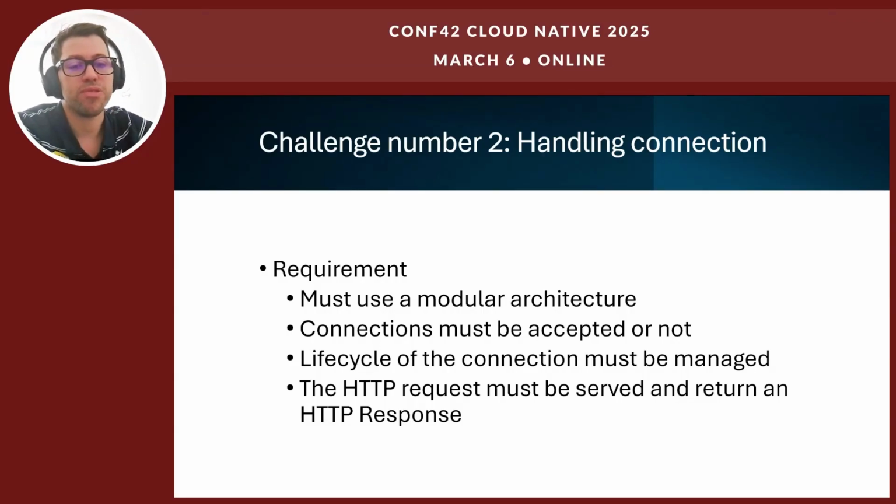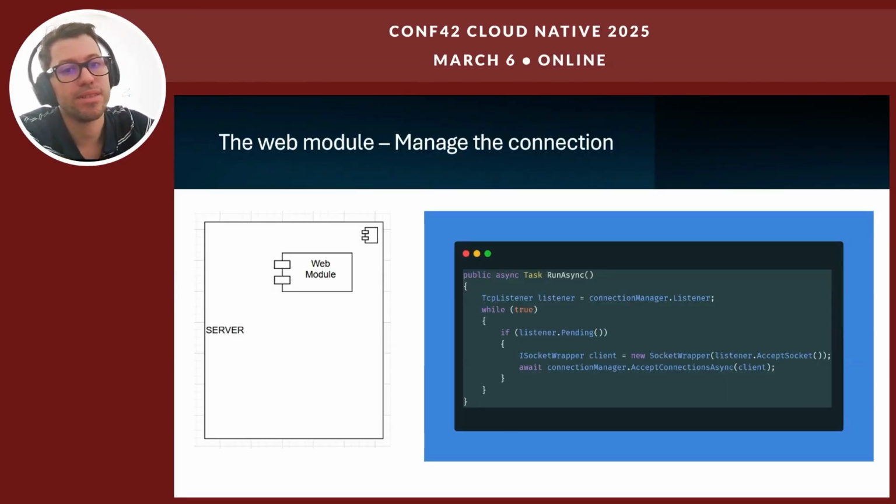And of course, the request should be shared, and an HTTP response must be sent back because, after all, we are building a web server. Our service, that is the main program, will have in fact different modules. And the first one, we call it the web module.